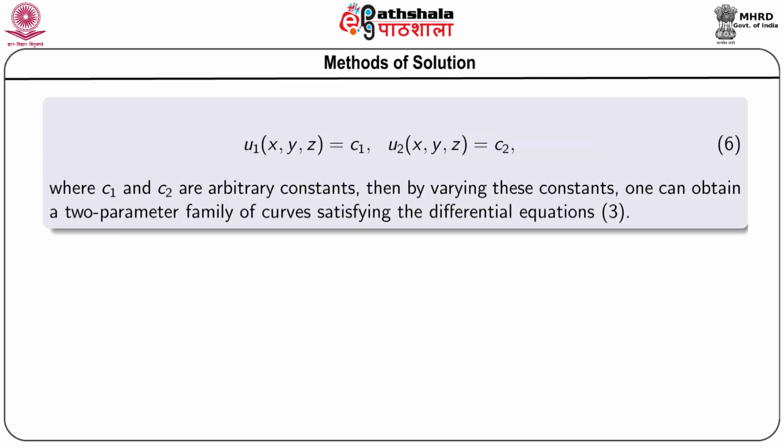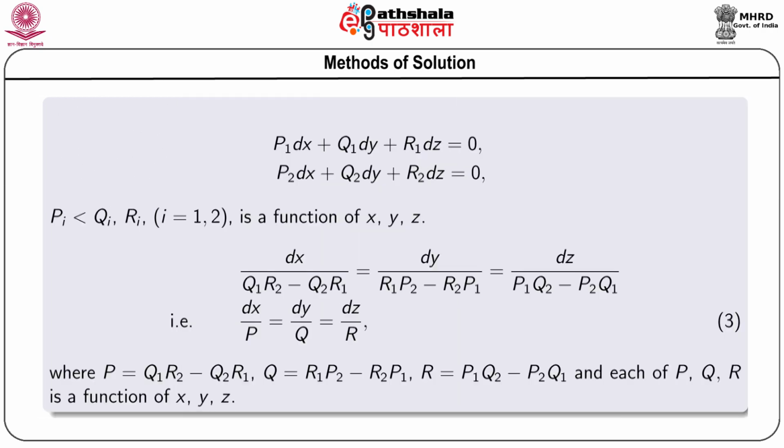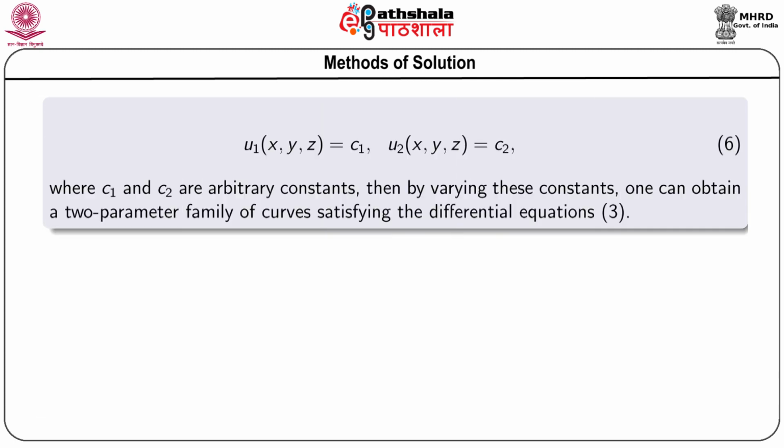Now, we shall discuss different methods for finding the solution of a simultaneous equation. If we go back to the representation 1 of the simultaneous equation, and take the first two equations dx by p equals dy by q, suppose this equation is solvable, then we will get a relation of this form: u1 xyz equals C1.